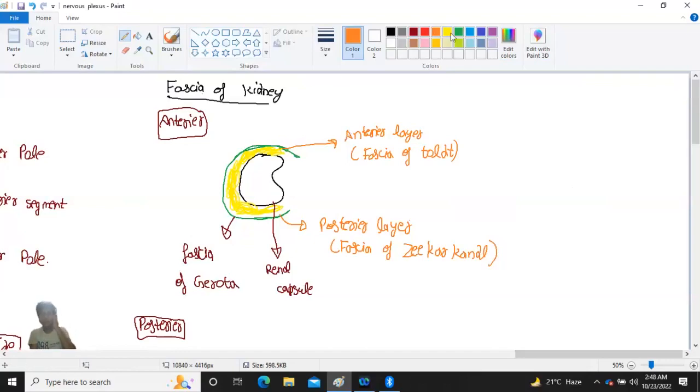And the fat is present inside the fascia and outside the fascia also. There is a lot of fat present near the kidney. So these fats also have different names.